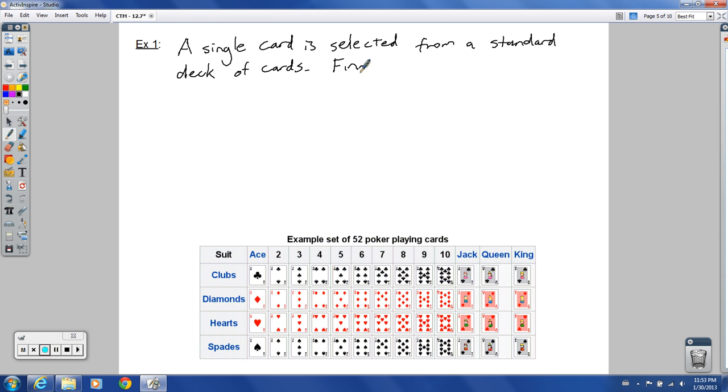Find the probability it is a picture card given that it is black.